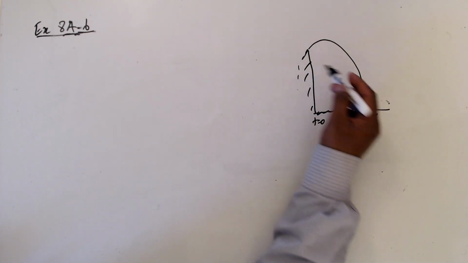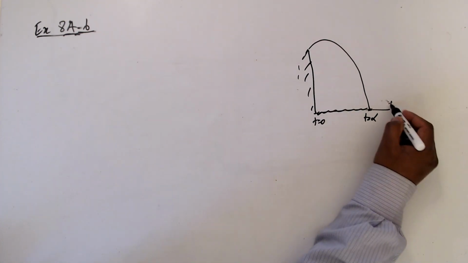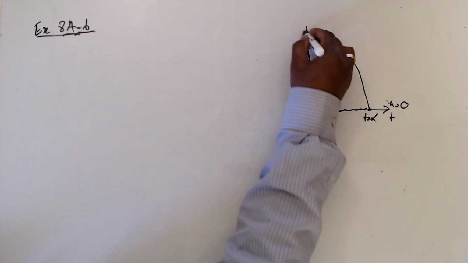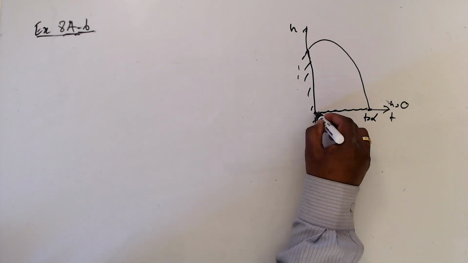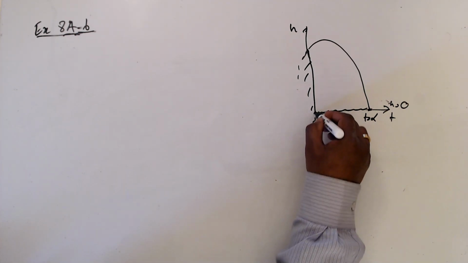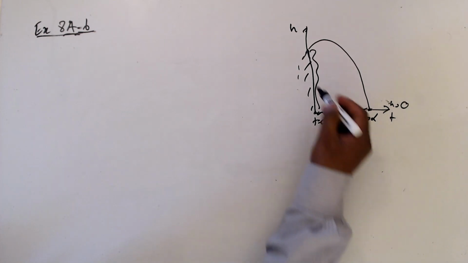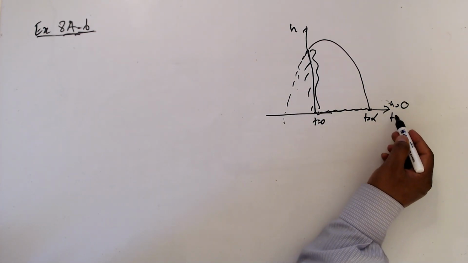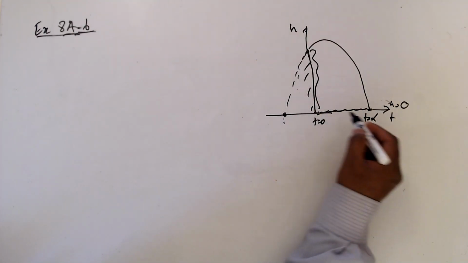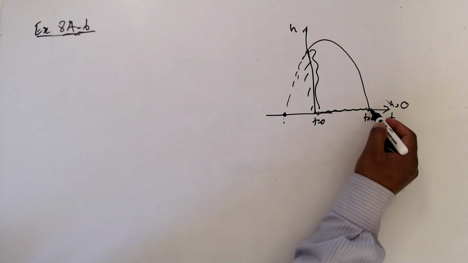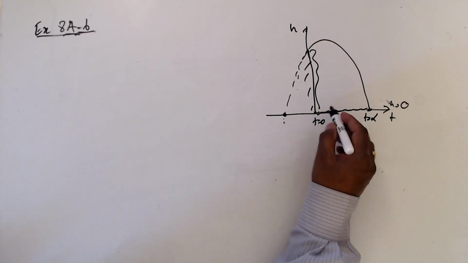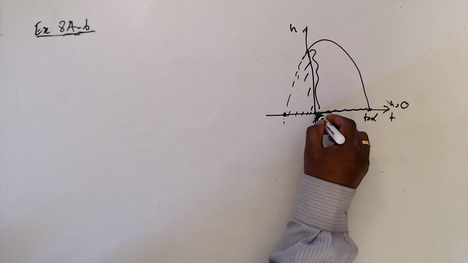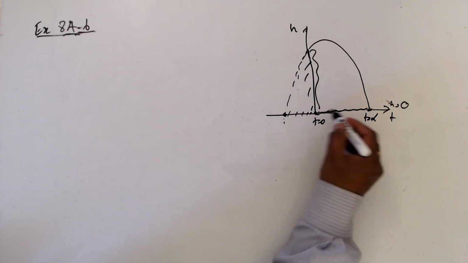At this point the h value is 0, because this is the t-axis and this is the h-axis, and h is measured from here. When h equals 0, we have two answers, one negative and one positive, but there are no negative times, so t has to be from 0 up to the positive one.